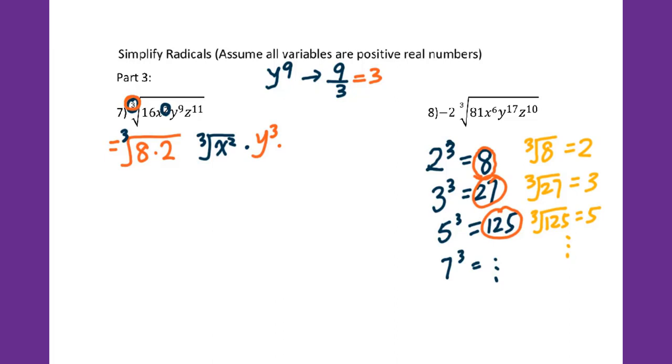Now look at this z to the 11. Z to the 11, then we do 11 divided by 3. We change it into a mixed fraction. You will get 3 plus 2 over 3. This 3 will be the exponent of z. For 2 over 3, we use rational exponents.